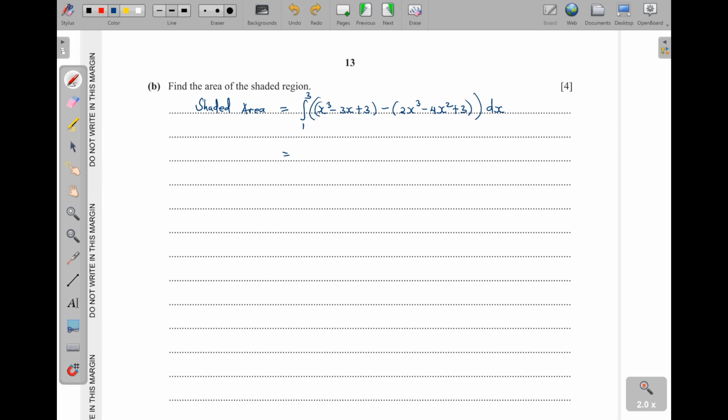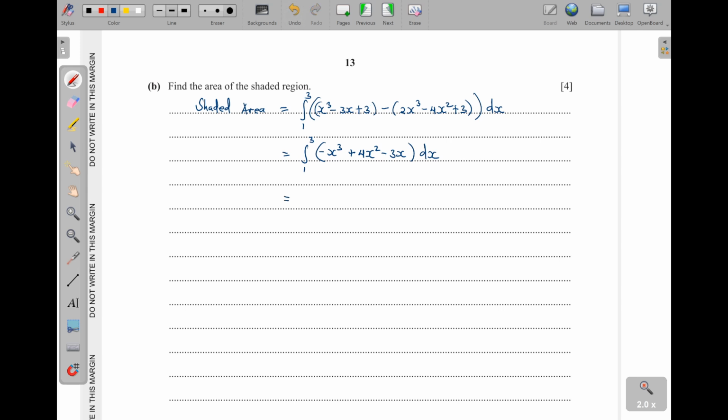Let me first take off this. 1 to 3, then negative x cubed. And then there is 0x squared minus 4x squared, so here we shall get a positive 4x squared. Then we have minus 3x, since we don't have any x here. Stopping here because 3 minus the 3 disappears.